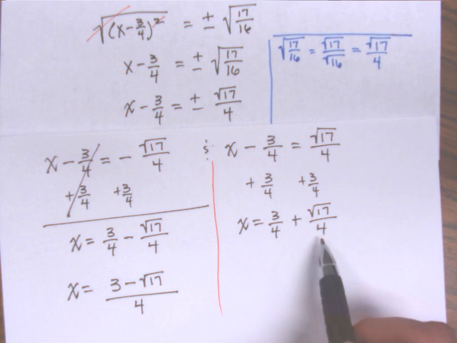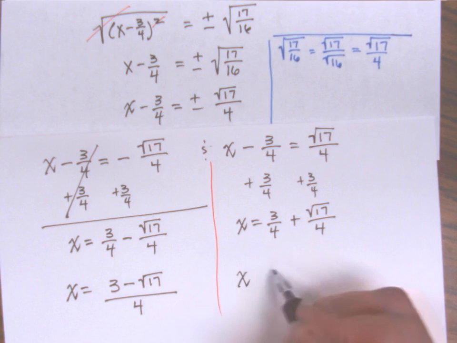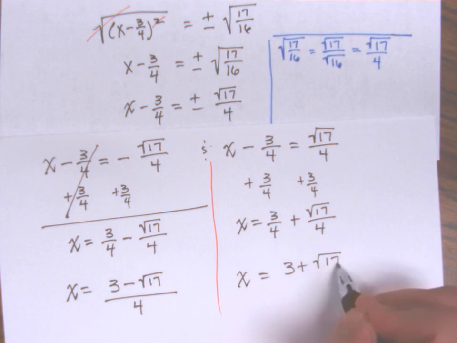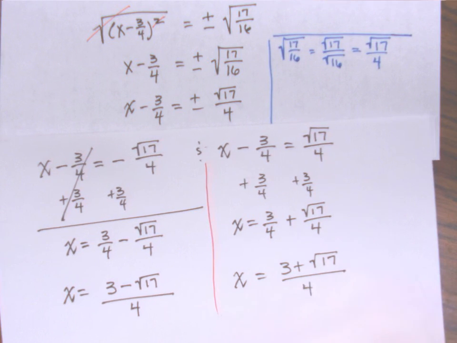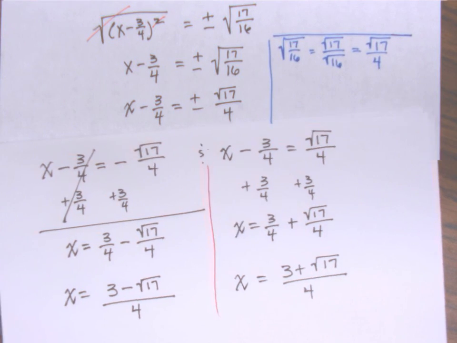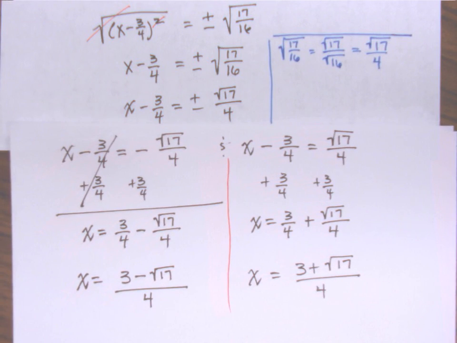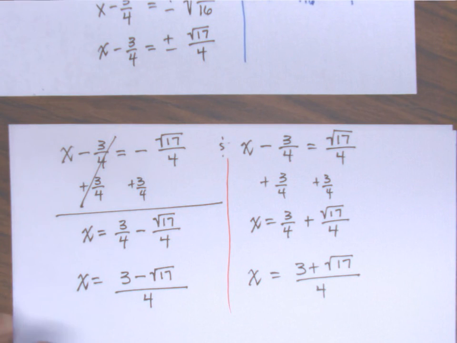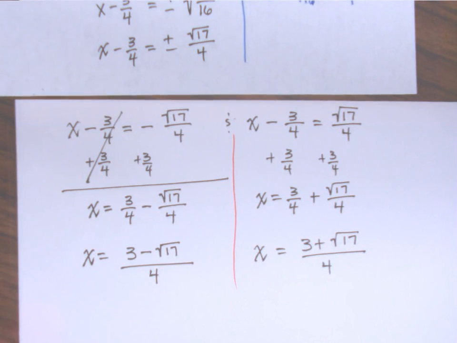They're both the same. So I can rewrite it as x equals 3 plus the square root of 17 all over 4. Okay. So this looks like a messy solution, but it's really not. You're more than fine to stop right here. So we're done.